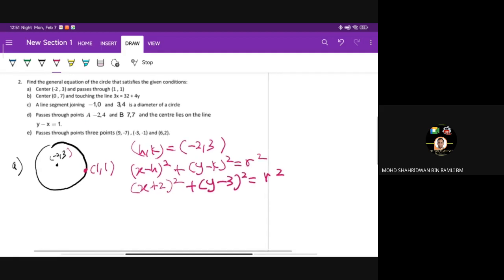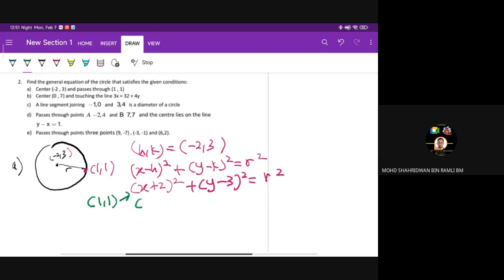Here you need to find r². You can connect these two points, and this will represent our radius r. Or, because (1, 1) lies on this circle, you can substitute the point (1, 1) into this equation.